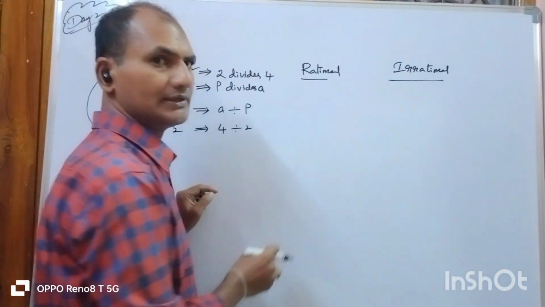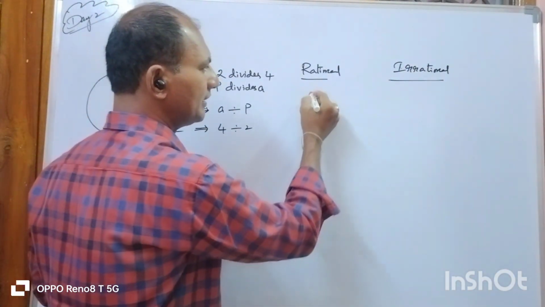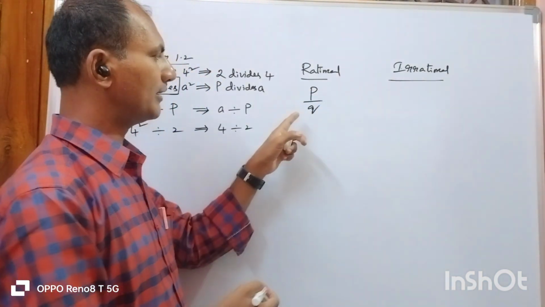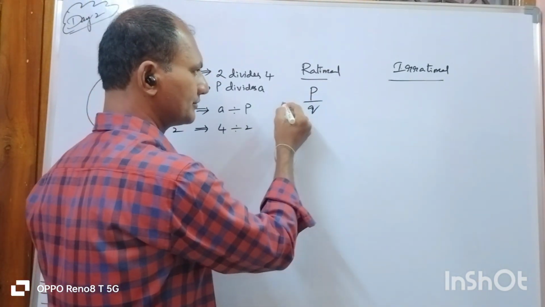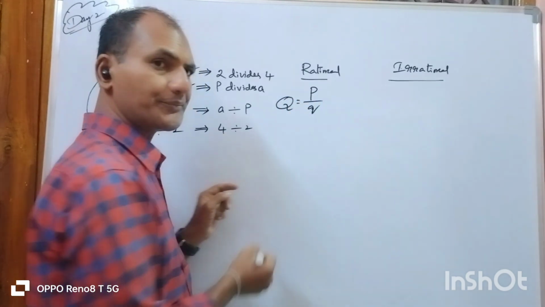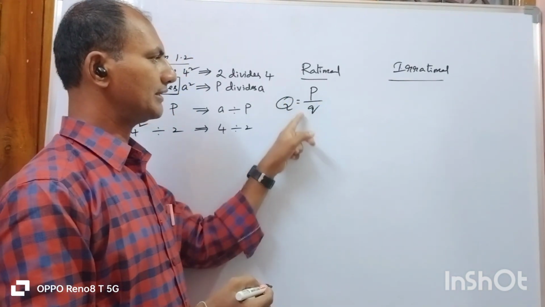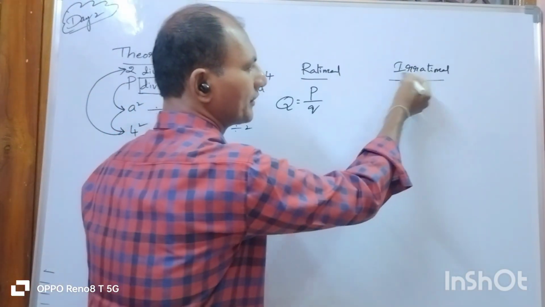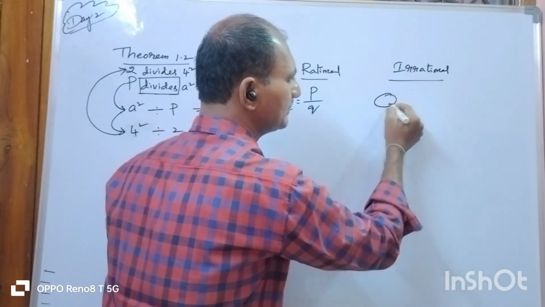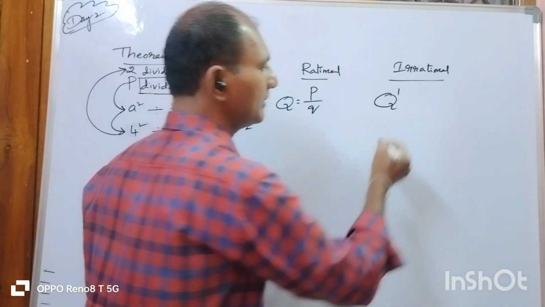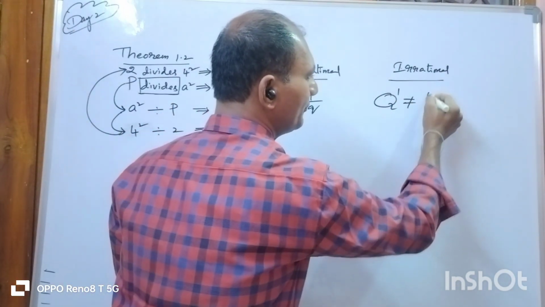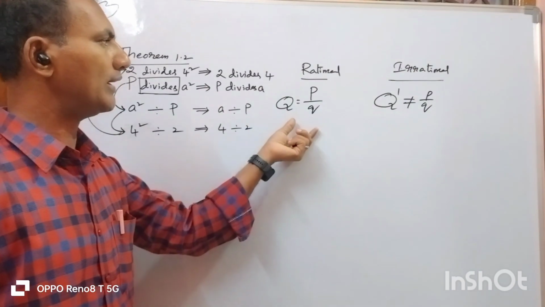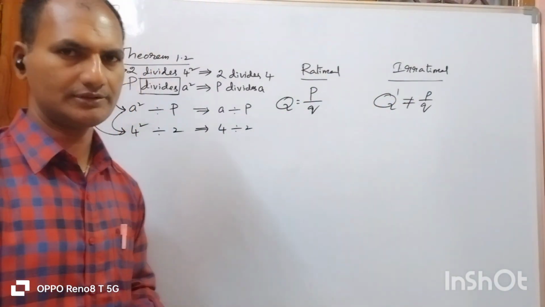Rational is which is in the form of P by Q. This is denoted as Q, and irrational is denoted as Q dash, which is not in the form of P by Q. This is one definition of rational and irrational.